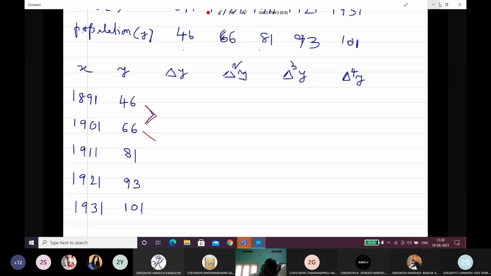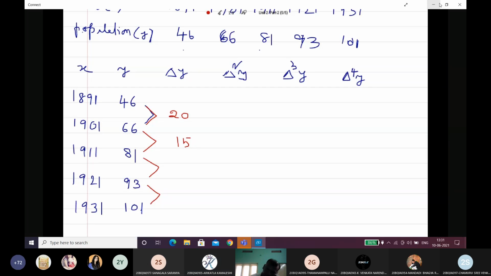First, forward: 66 minus 46 is 20. Next, 81 minus 66 is 15.